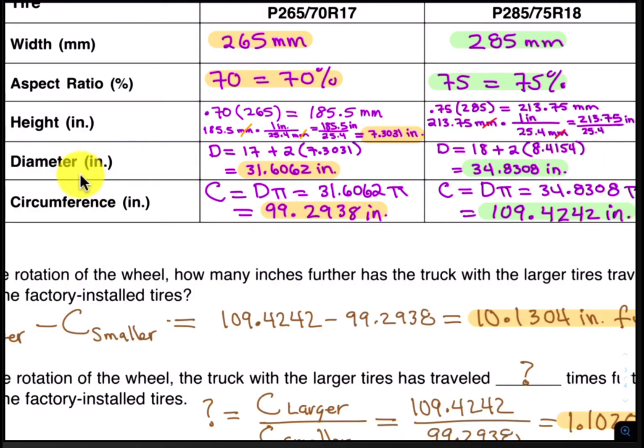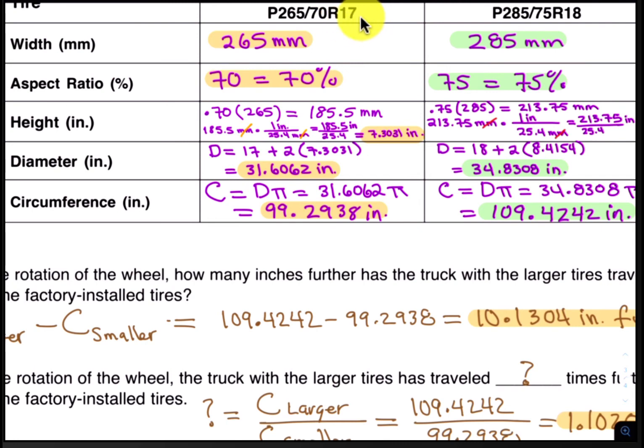On the next line, we're calculating the diameter in inches. So the diameter of the whole tire is the diameter of the rim plus twice the height, because you have the height at the top of the tire and also at the bottom. So the diameter of the rim is the 17.